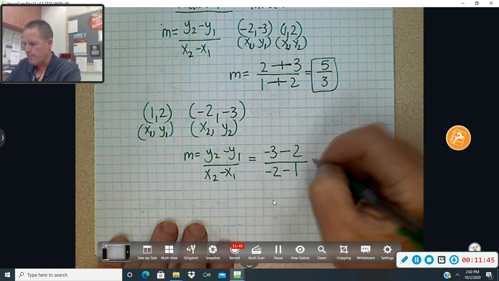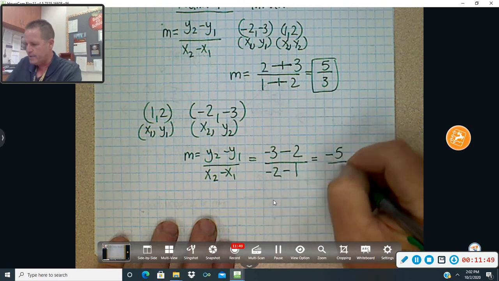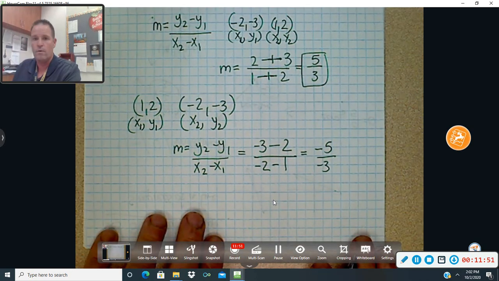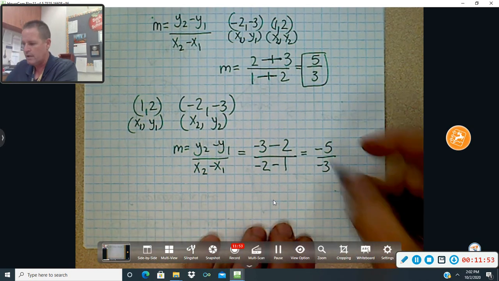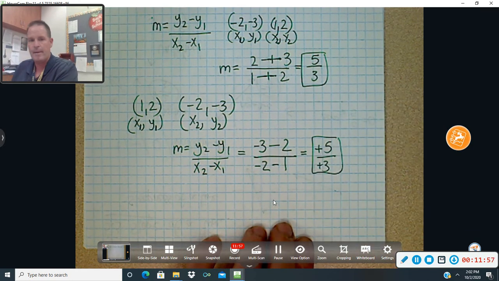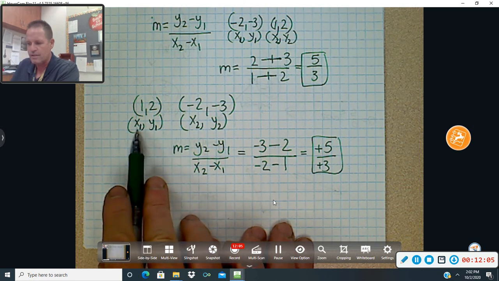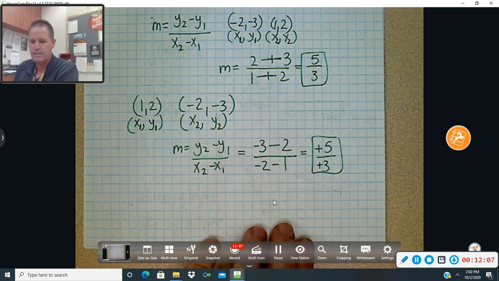So negative 3 minus 2, well, that's negative 5. Negative 2 minus 1 is negative 3. And you might be saying, oh, you got a different answer. No, I didn't. A negative over negative becomes positive, and we get the same answer. So the point I'm trying to make there is it doesn't matter the order that you write your 2 points, as long as you stay consistent. This one's first, this one's second.